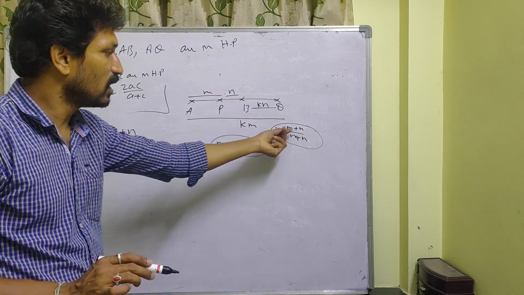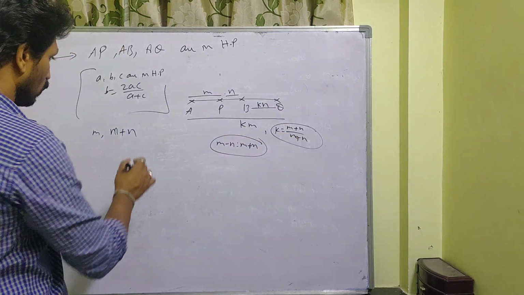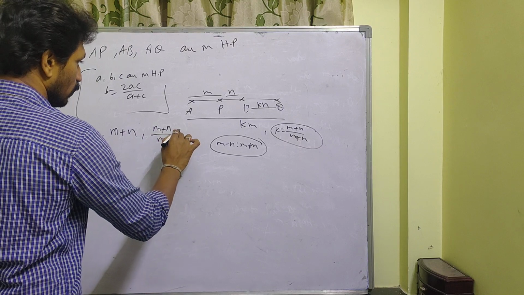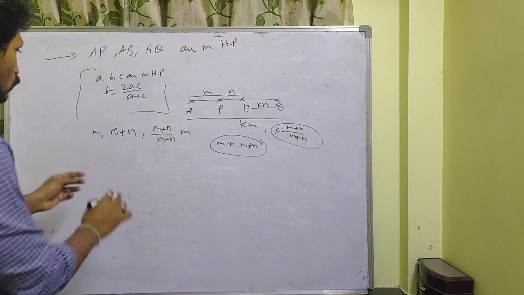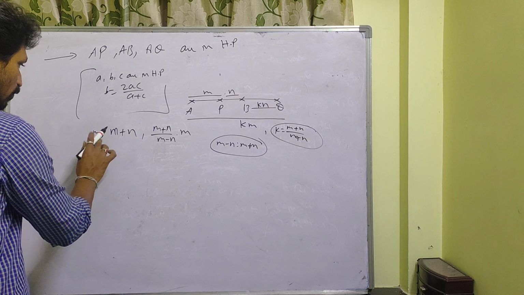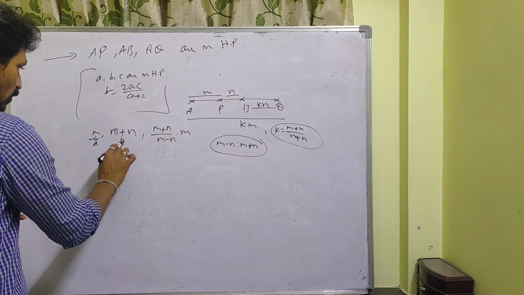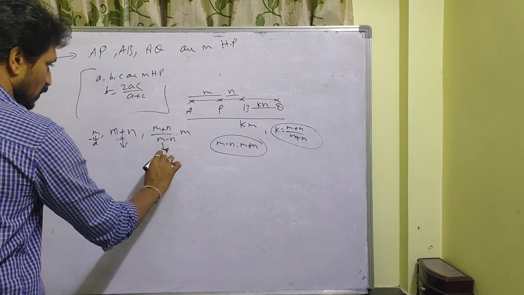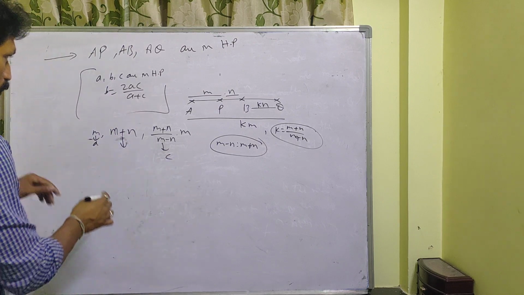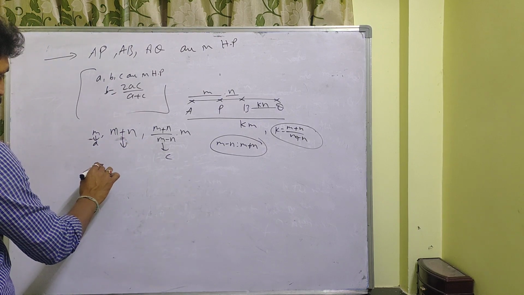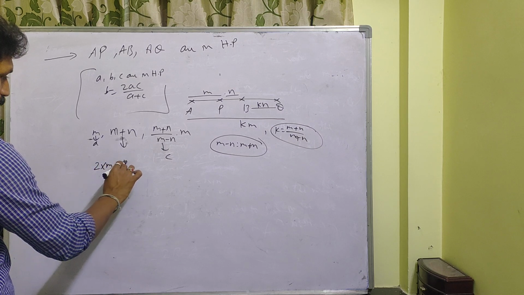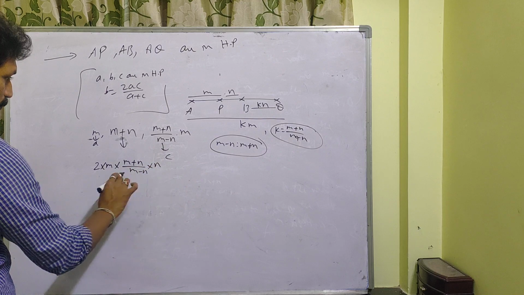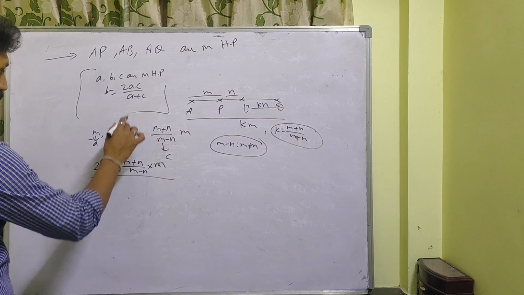What is k here? m plus n by m minus n. So that means m plus n by m minus n into m. So this is a, this is b, this is c. Find out 2ac by a plus c: 2 into m plus n by m minus n into m, by a plus c.